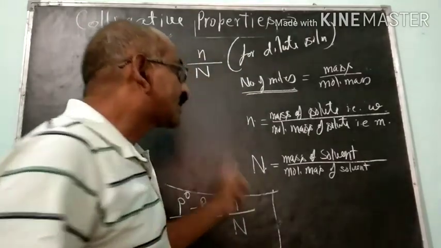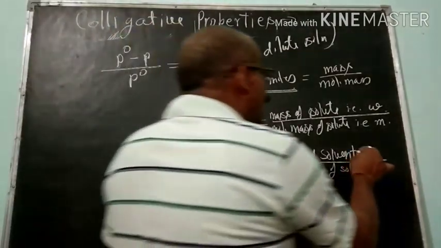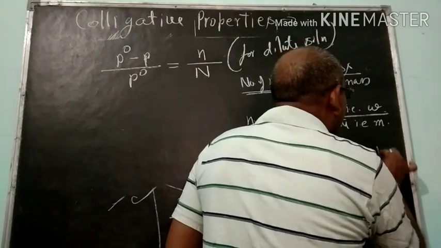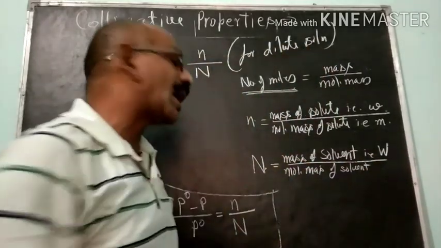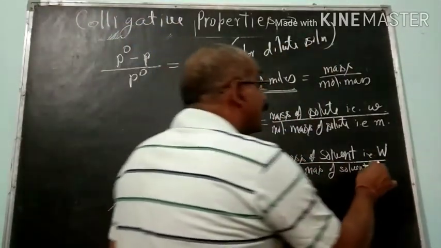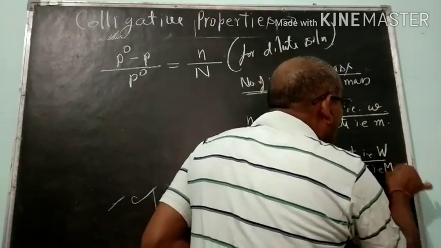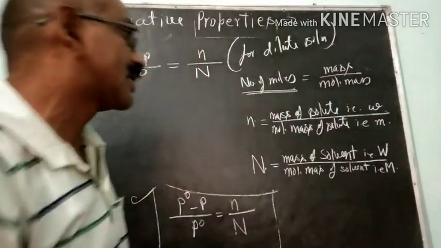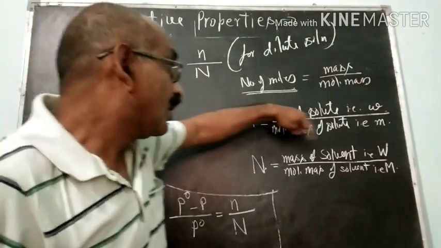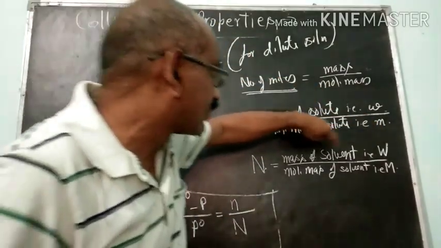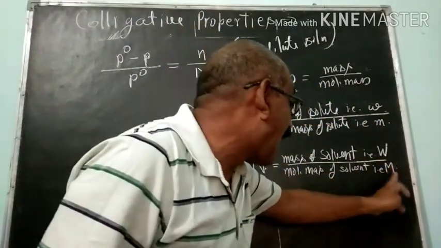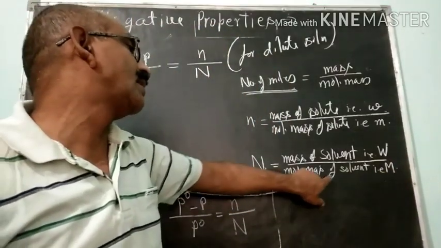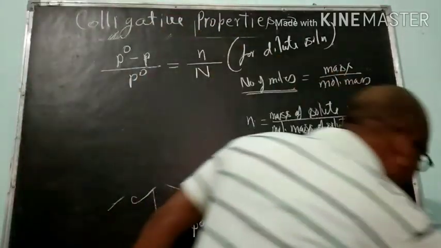And because solvent is the major component, here we'll use capital W to denote the mass of solvent and capital M to denote the molecular mass of the solvent.